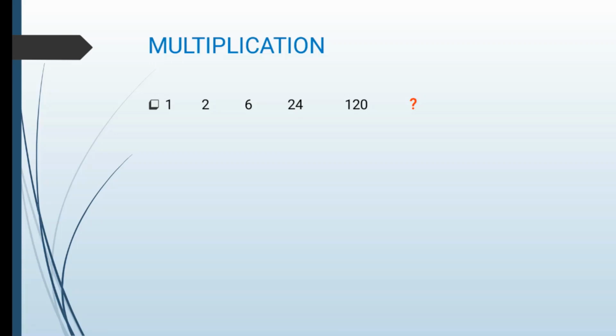Here from 1 to 120 the series has changed within 5 terms. So instead of adding and finding the differences, what we'll try to do is see what can be multiplied with these terms to get the next term. Here 1 into 2 will give 2, into 3 will give the next term, into 4 will give the next term, into 5 will give 120, and for the last term we'll multiply 120 by 6. So last term we'll get as 720.